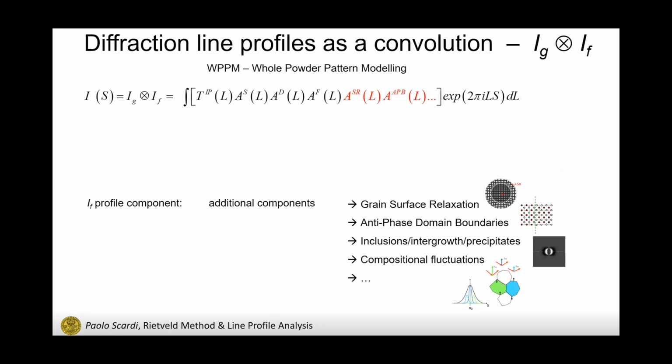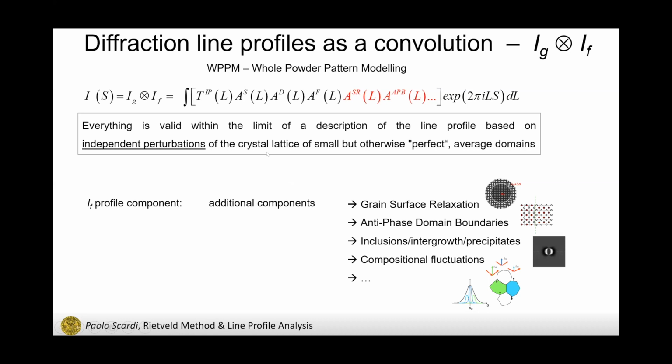You can include antiphase domain boundaries, as in some materials, antiphase domains are an issue. Or you can model inclusions, integrals. You can account for compositional fluctuations. So there is a lot actually you can do with this method, but let me immediately give you a caveat, a warning.